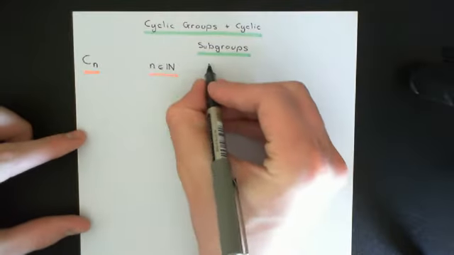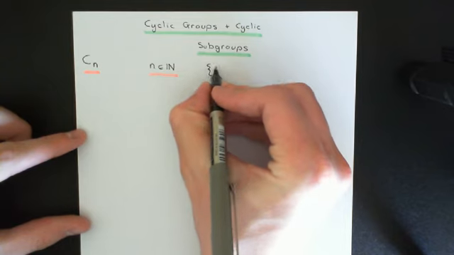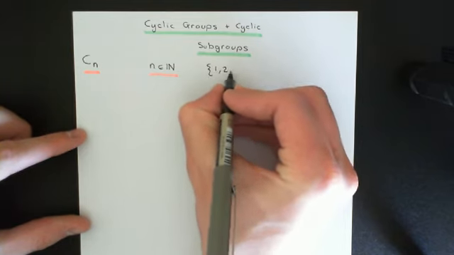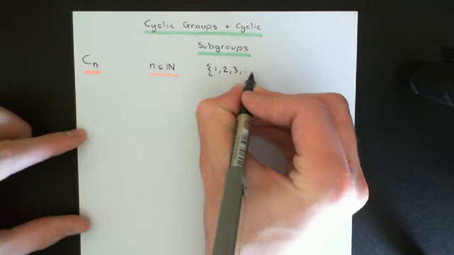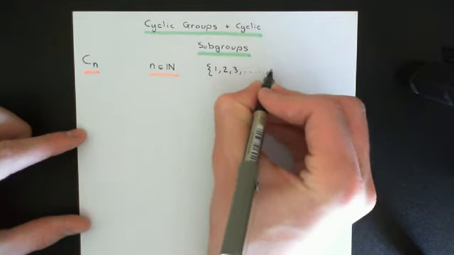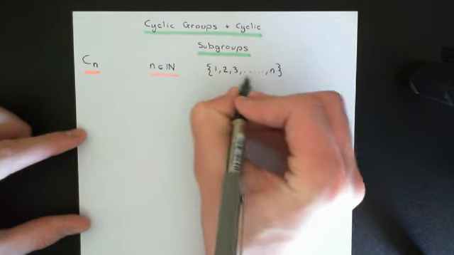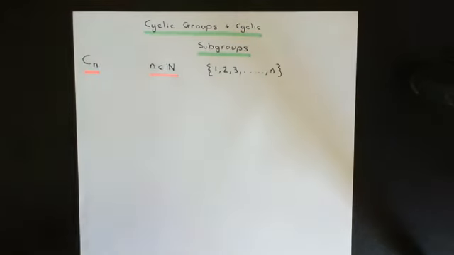So what you need to do is think about the set containing the elements 1, 2, 3, 4, all the way up to little n. If you imagine little n could equal 7, then this would be the set containing 1, 2, 3, 4, 5, 6, and then 7.